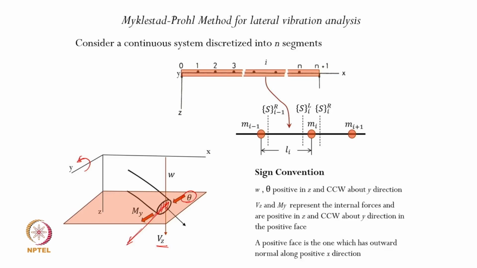Now the sign convention is important. So we follow this sign convention that deflection is positive along the positive direction of z axis. The slope is positive in the counterclockwise direction about y direction, and the shear force and bending moment, mind you, are given these subscripts to distinguish them from the similar forces if the beam bends in the horizontal plane.